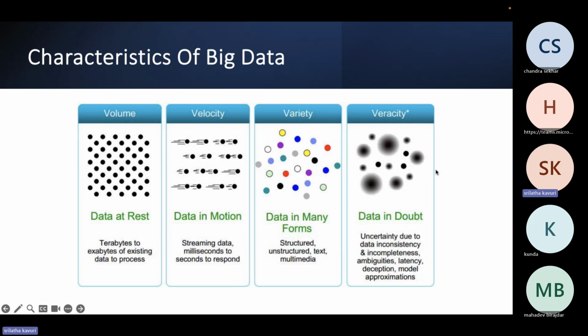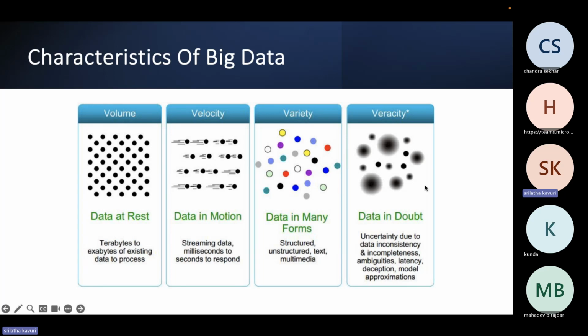Let's say you have healthcare where some medical research is going on, and you have a lot of data sets to analyze tumors within patients. Now you need to identify a pattern within it. For that, the data should be trustworthy, it should be from a proper source, and the patient records should be correct. So veracity is a factor where we consider whether it is a reliable source of data or not, and from where we are getting it.